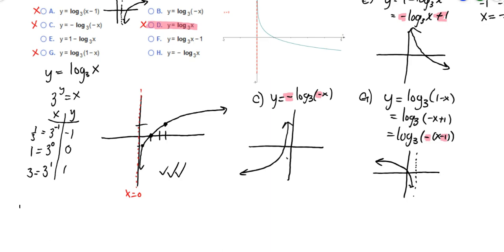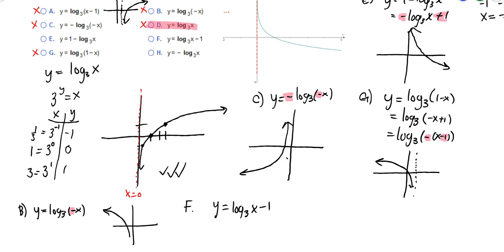Answer choice B is y equals log base 3 of negative x. That negative reflects horizontally. So reflecting horizontally would look like this, and that does not match. Answer choice F is y equals log base 3 of x minus 1. That's a shift down.